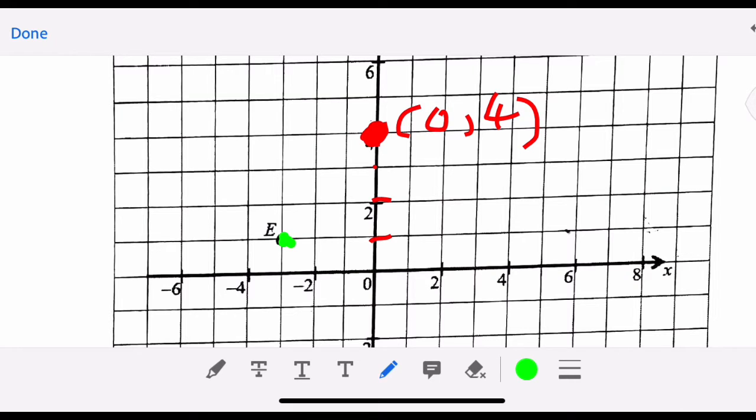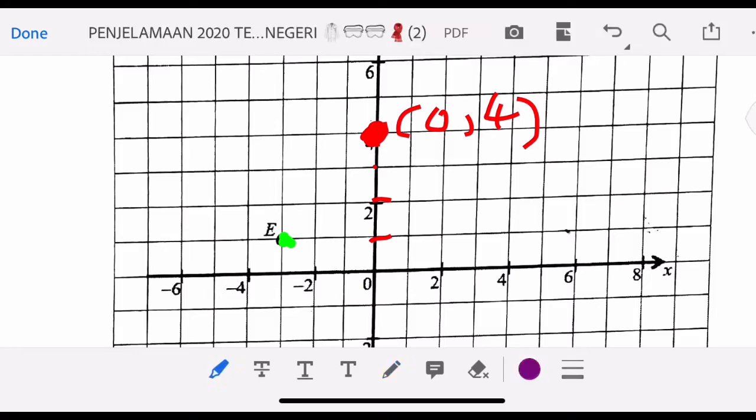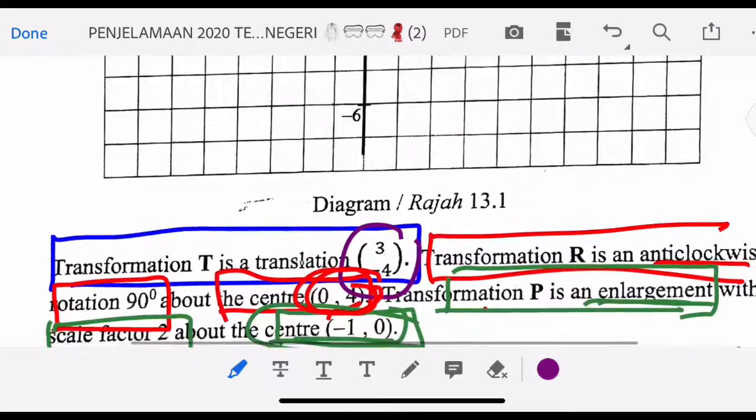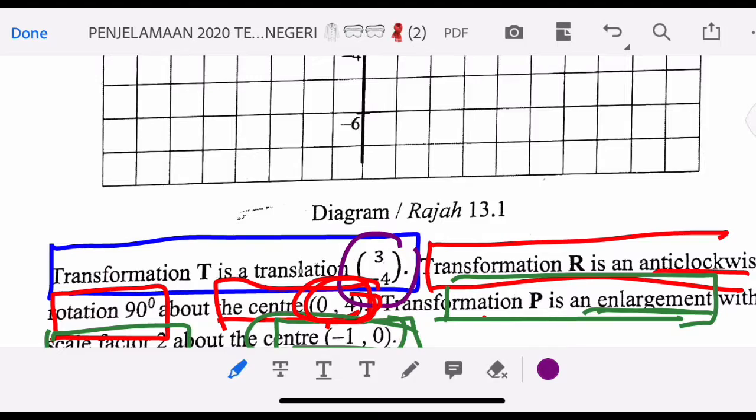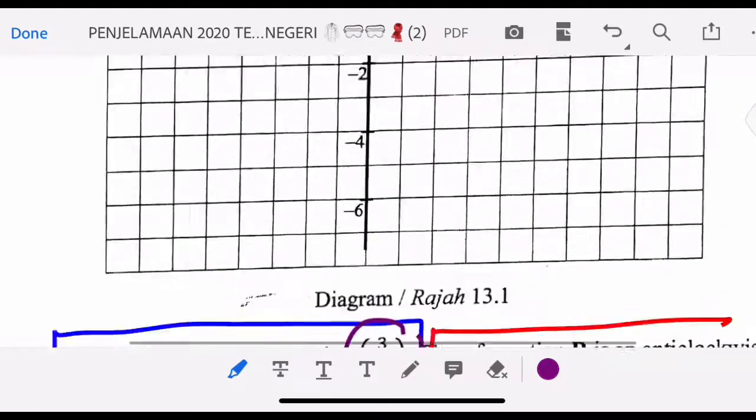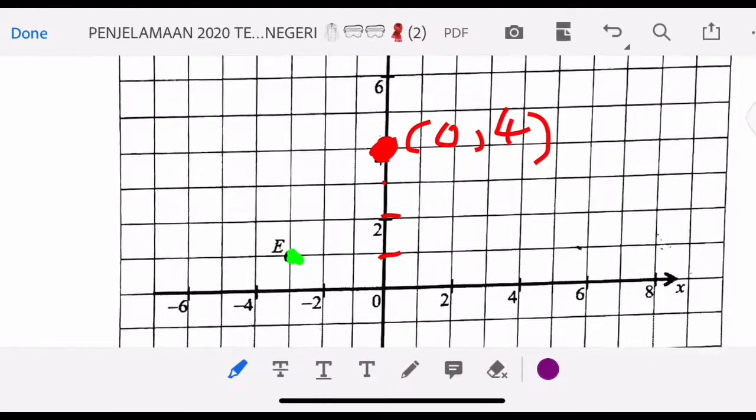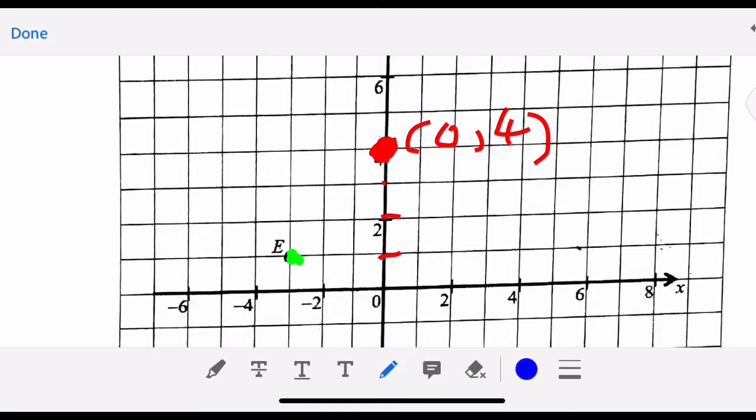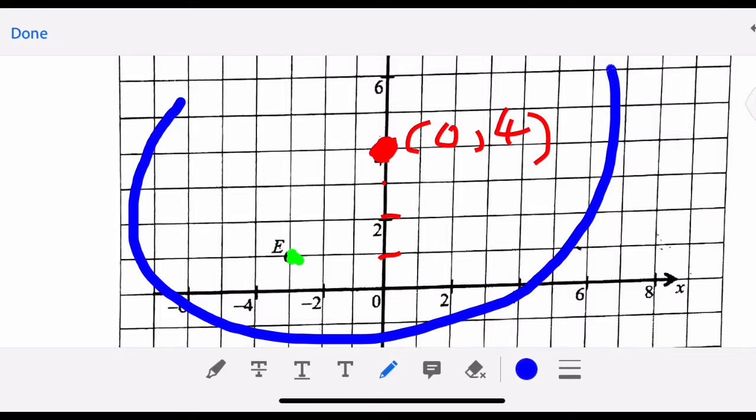Alright, so we are going to move by direction and angle, right? So let's see what is the angle. Angle is 90 degrees. Direction is anti-clockwise. So I think we draw the clock direction first. The anti-clockwise will be like this, right?